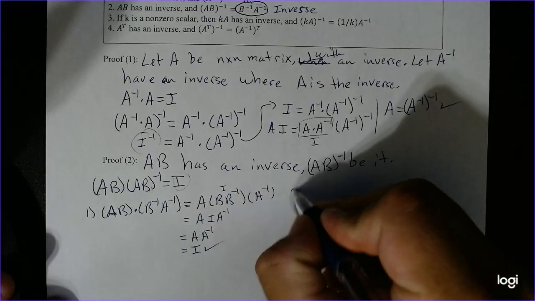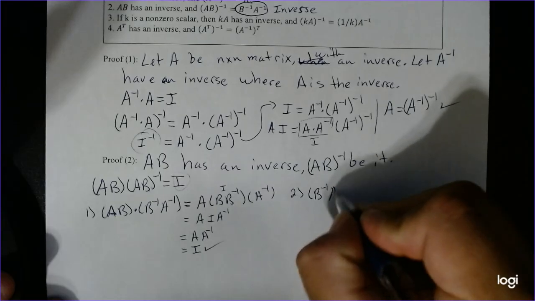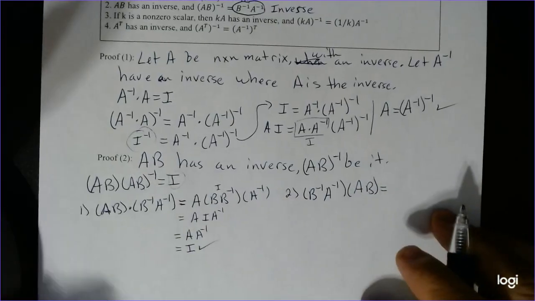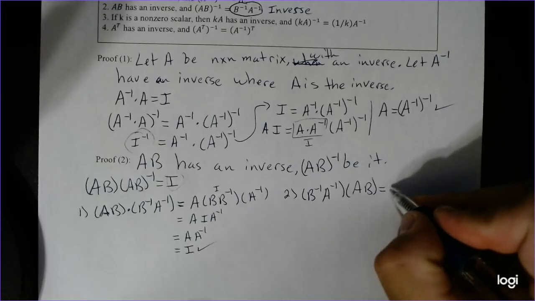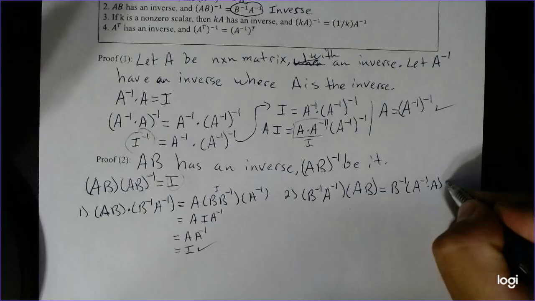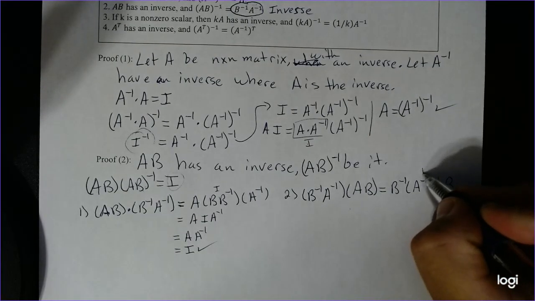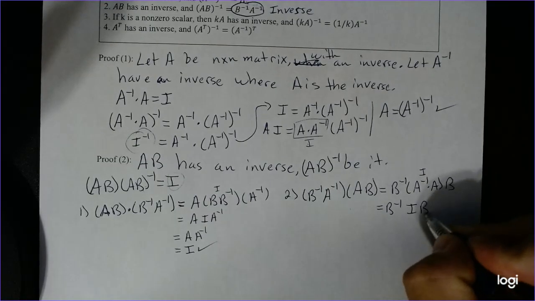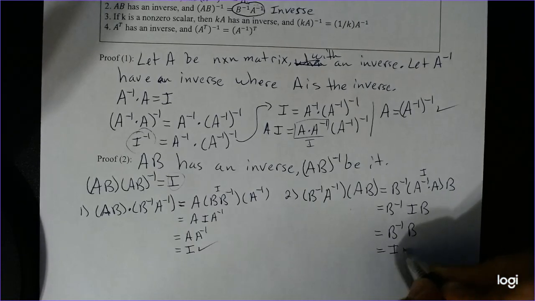So all we have to do now is show the left-hand side also applies. And you can tell it's going to be a basic mimicry of what we just did. Again, because they're inverses of each other, it doesn't matter if you multiply the left and right. This is still going to give you I. And there we go.